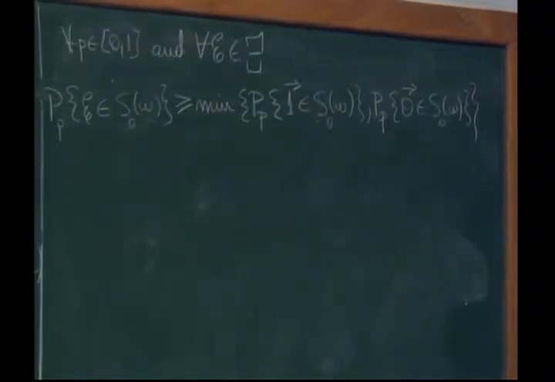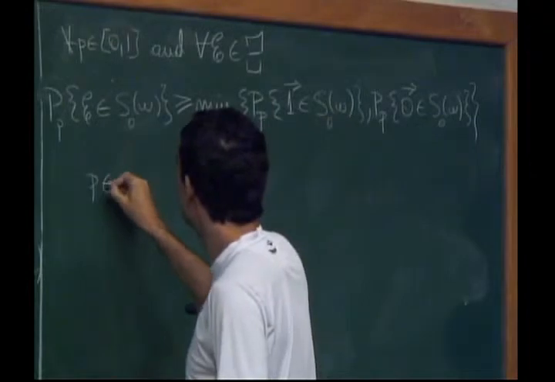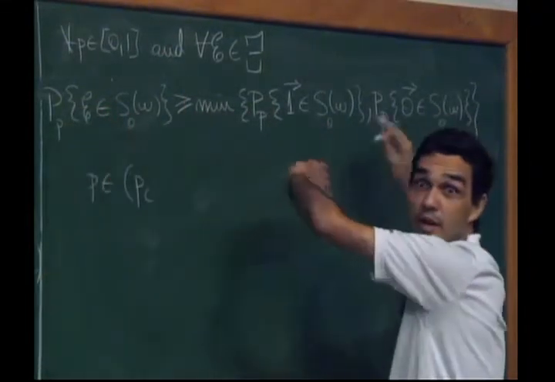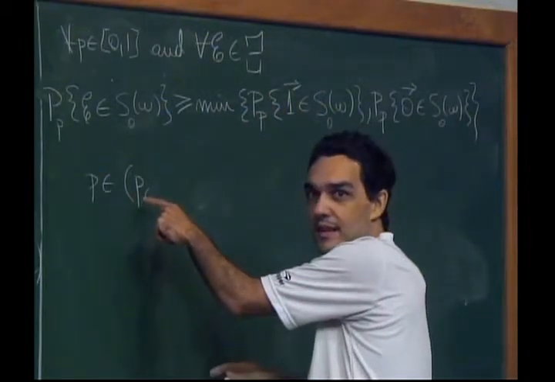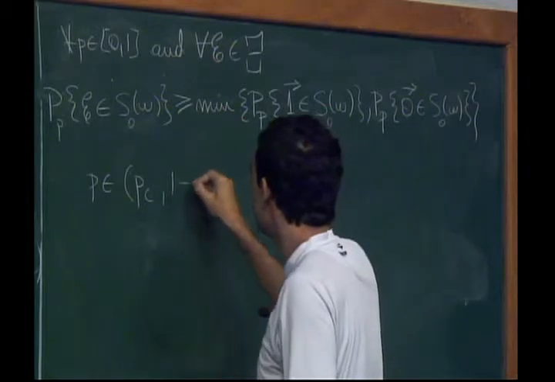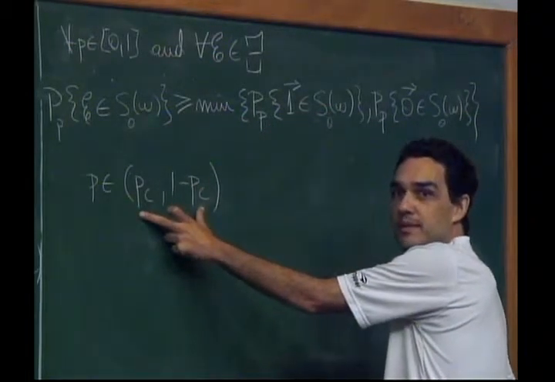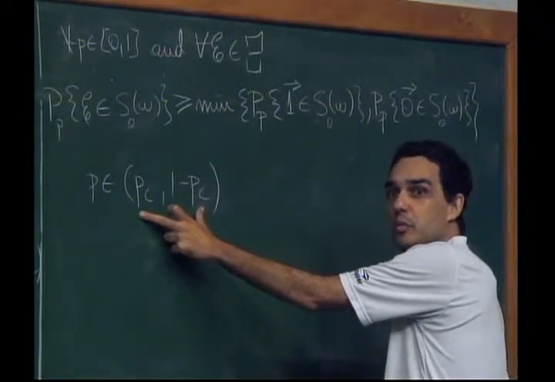Okay, if this is true, observe that this is very general for any graph. If I have some graph where pc is less than 1/2, if I consider this interval between pc and 1 minus pc, I have percolation of both monochromatic words.